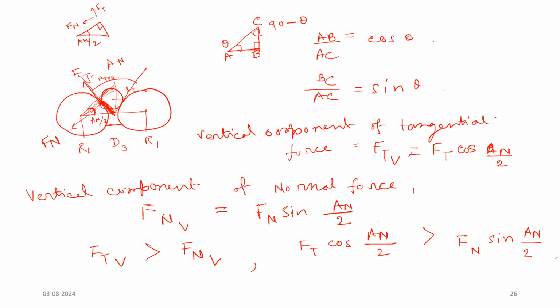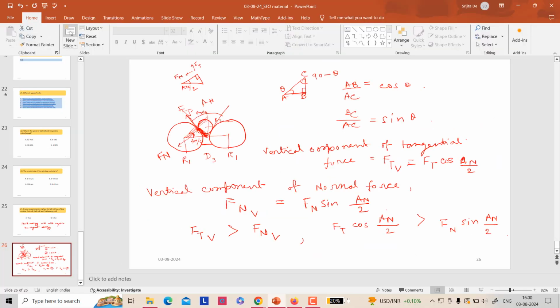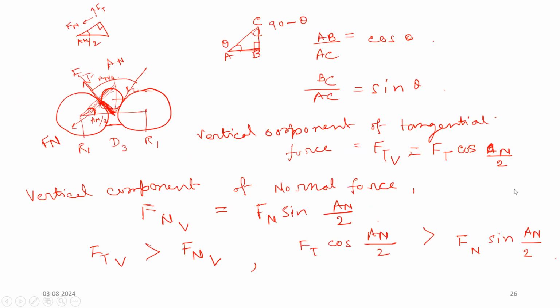Right? So I am going to the next page. So here we have written the expression. Now we will do the simple mathematics. Ft cos n by 2 is greater than Fn sin n by 2, right?